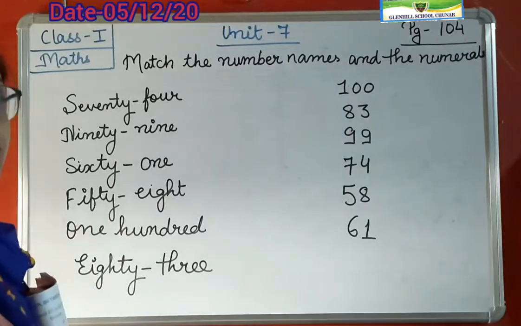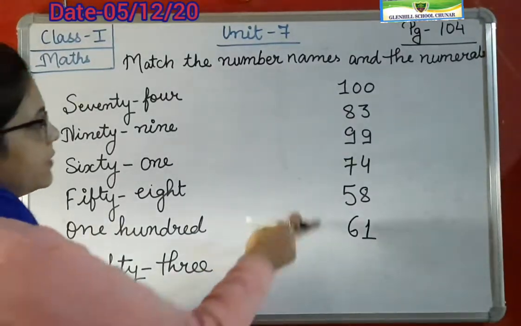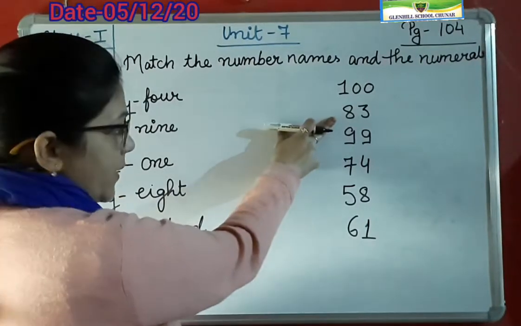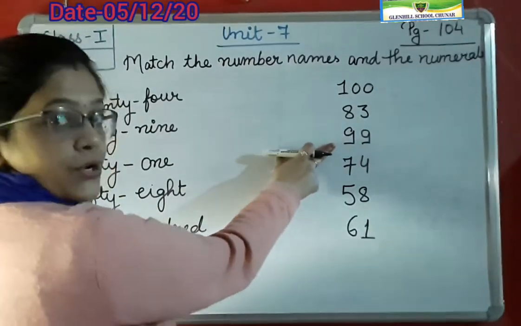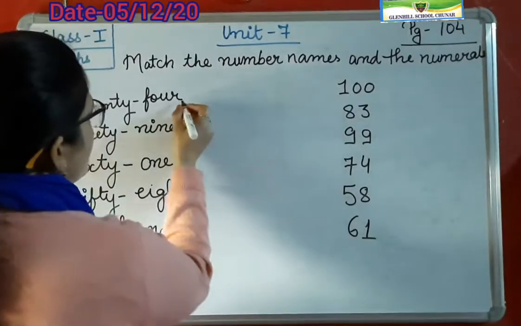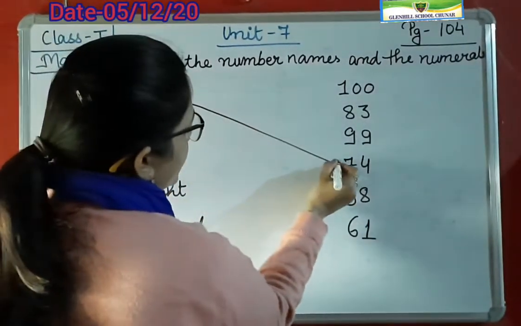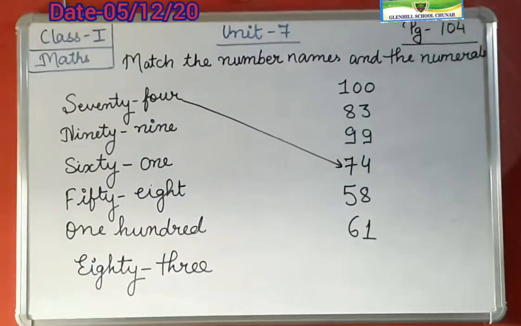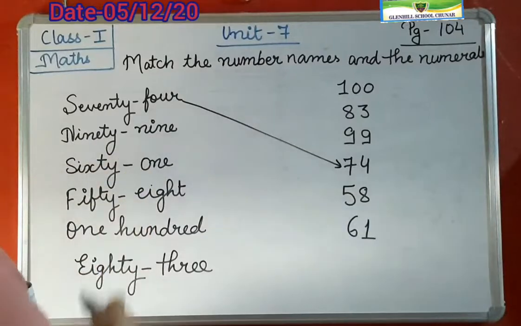74. So can you find 74 here? This one? No. This? No, it is 83. This? No. This? Yes, it is 74. So I am matching here. Okay, like this you have to do the match. Now it is 99.